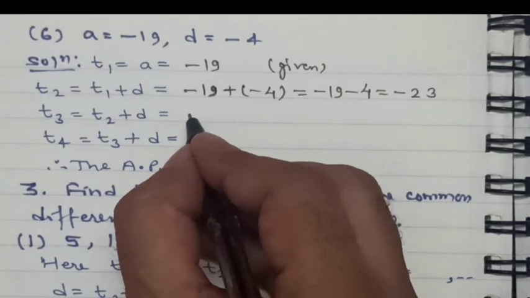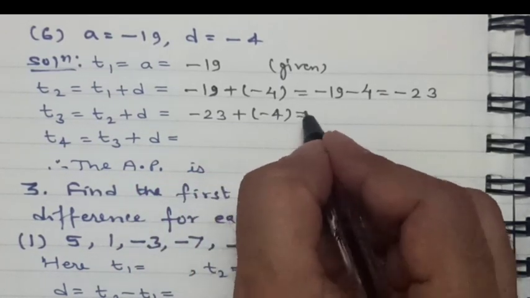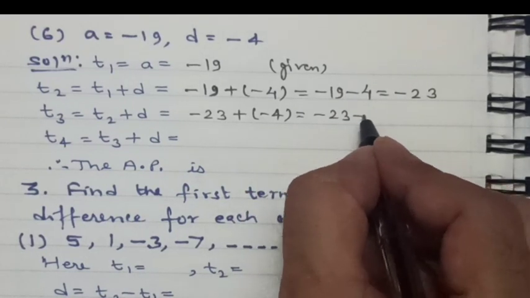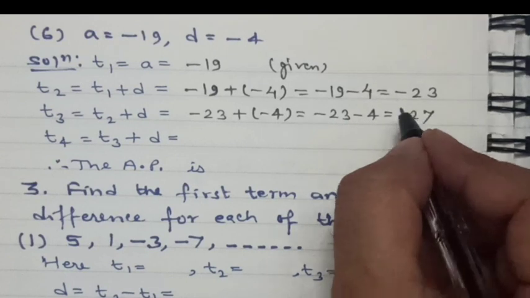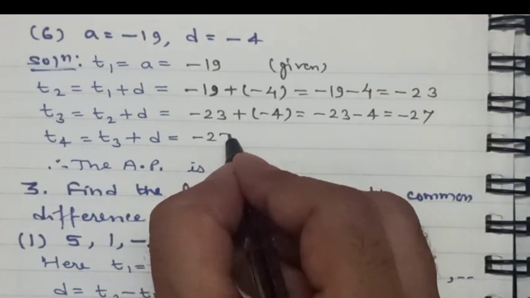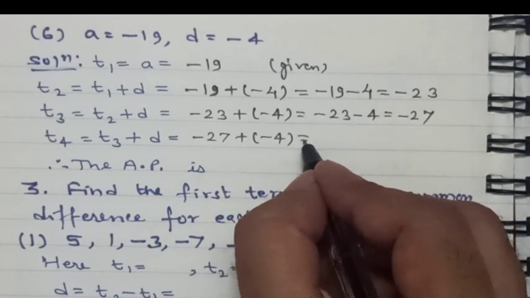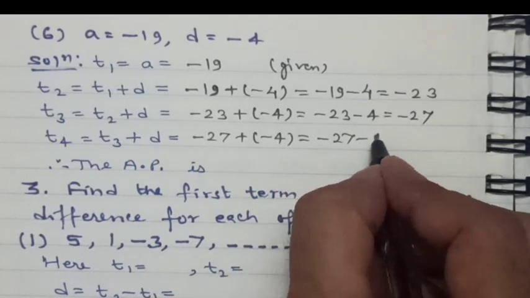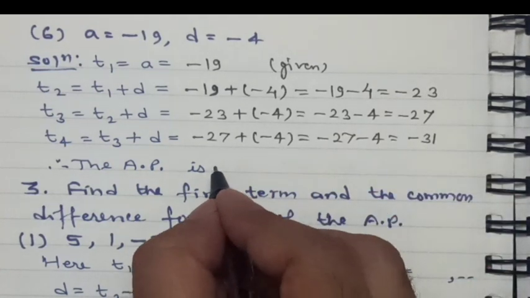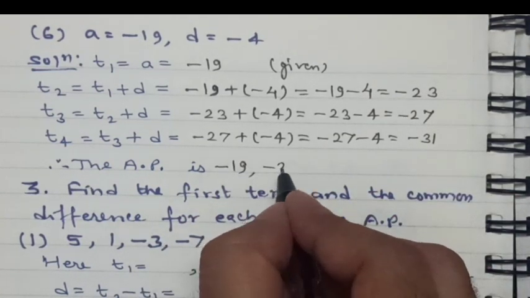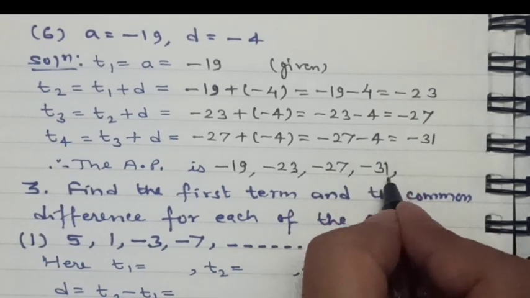Now your T2 is -23, so -23 plus (-4) will give you -27, and -27 plus (-4) will give you -31. So your required AP will be -19, -23, -27, -31, and so on.